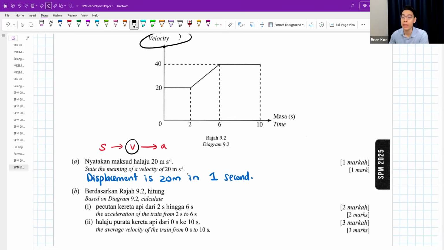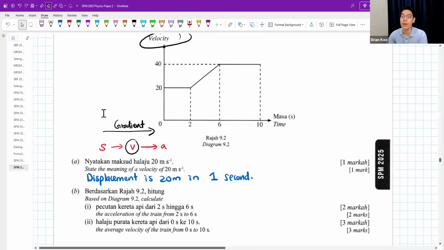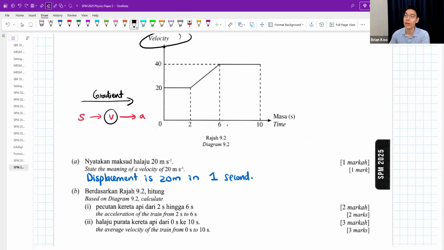Now, guys, if you are going forward in this order, S, V, A, displacement, velocity, acceleration, let's say I got S graph, I want to find V, or I got V graph, I want to find A, then please find the gradient. But if you're trying to move backwards, let's say I got an acceleration graph, I want to find velocity, or I got velocity graph, I want to find displacement, then you find the area under the graph.